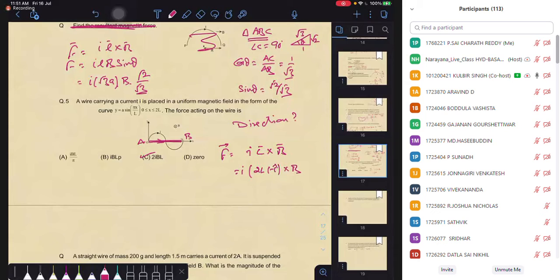Magnetic field is B, and its direction is minus k cap. So you're getting the force 2ILB.